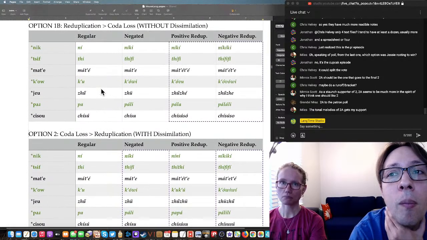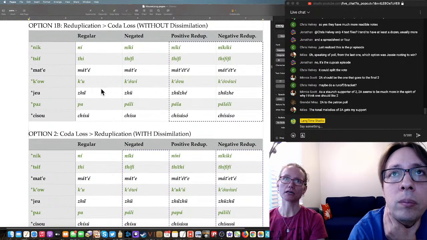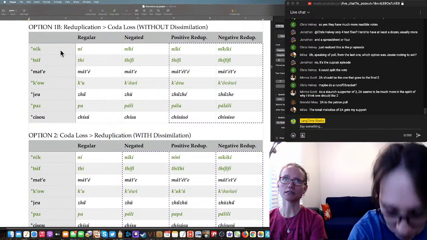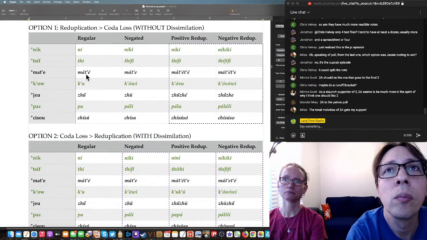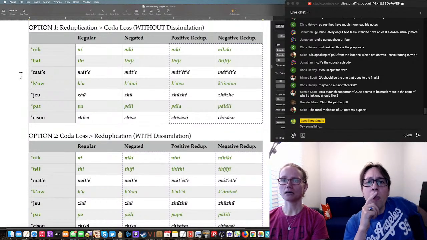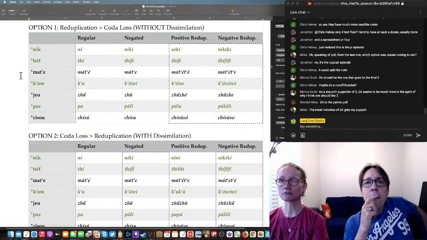And then I would just make that option 1 instead of 1B, because at this point 1A is dead. I am happy with these choices, and honestly, I think both systems have their benefits, and I think they are both really interesting.